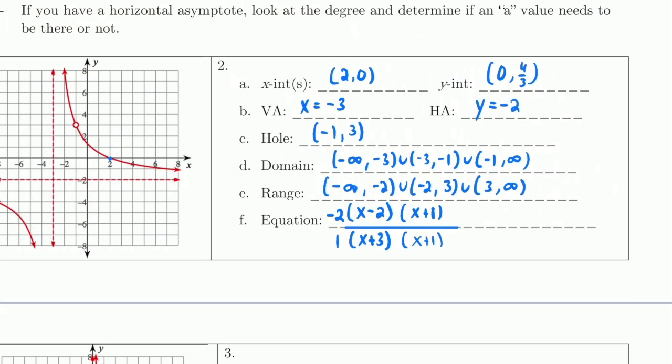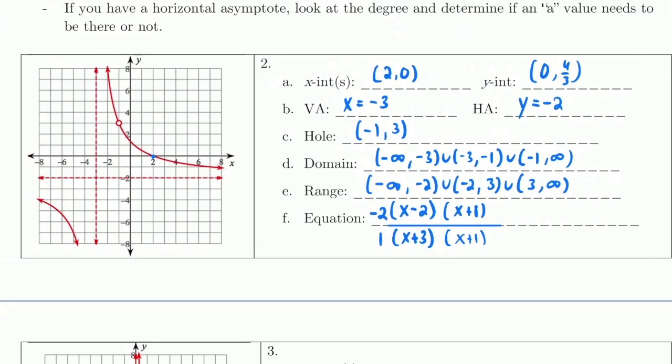Now, I can go ahead and plug in 0 for everything here to see if this matches up with my y-intercept, and in theory, it should. So we're just not going to check that. We're good here. So again, once we got the information, we just worked backwards. X-intercept at (2, 0): the factor that corresponds to that in my numerator would be x - 2. Vertical asymptote of -3: set my denominator equal to 0, and the factor that corresponds to that would be x + 3.